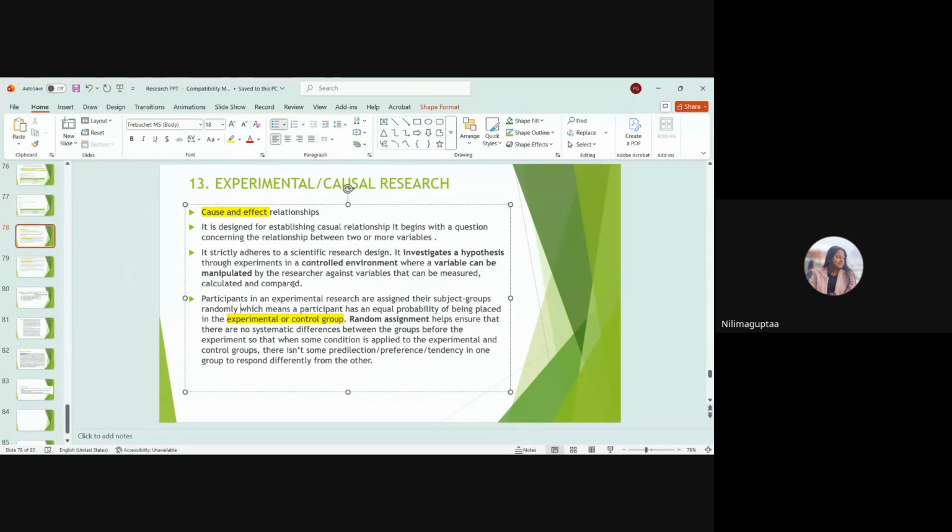What is happening in a control group? The medicine that is given to the participants in the control group is duplicate. They are actually not giving any medicines to them. It's just like a chocolate that has been given to them. It is not the real medicine, okay, and that group has been controlled. They are not given the real medicines, it has been controlled.